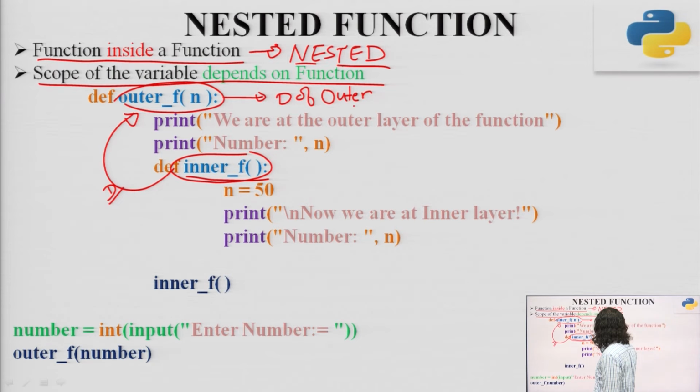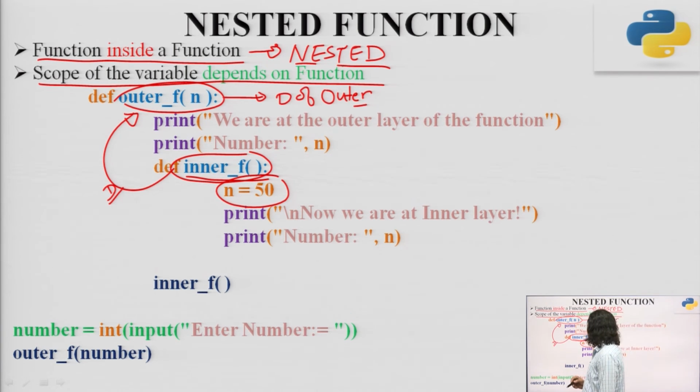You need to understand that the outer function itself is declaring everything. That means you cannot see the inner function separately, because it becomes a part of the outer function. Now, in this we have taken n is equal to 50, that means we have created a variable n as 50, and this 50 is a local scope variable to the inner function.